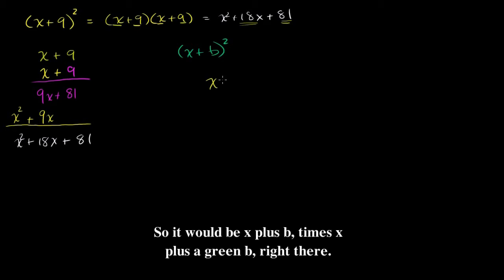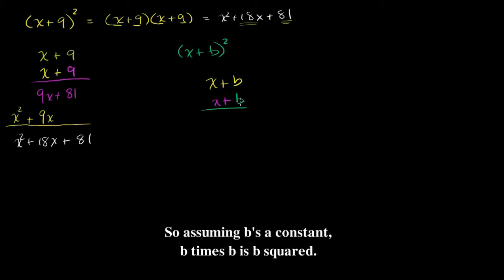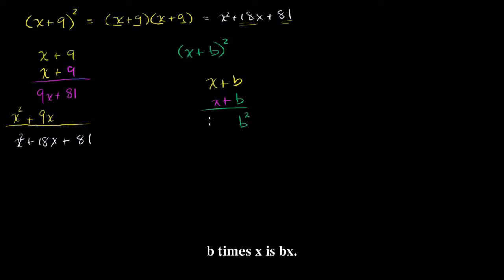So it would be x plus b times x plus a green b right there. So assuming b is a constant, b times b is b squared. B times x is bx. And then we'll do the magenta x. X times b is bx. And then x times x is x squared.